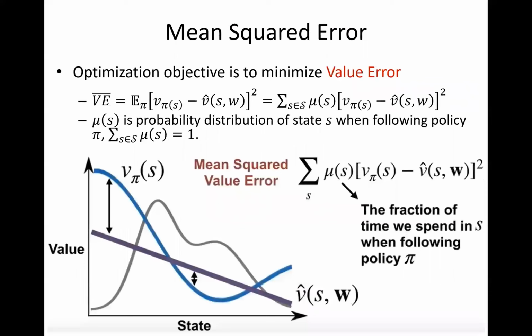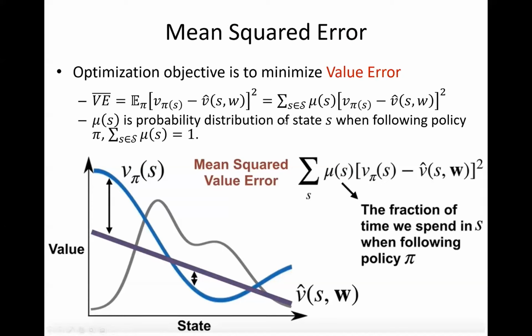So the mean squared error, I mentioned this before in the imitation learning lecture, but just to reiterate, suppose we have a real value function v pi, the blue curve, and we use a linear function to approximate the v pi. V hat is the estimated value function. So we want to minimize the value error, which is the expectation under policy pi of the squared difference between v pi and v hat.